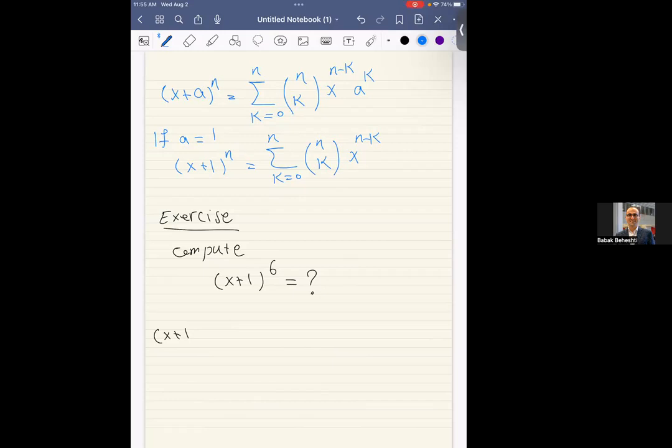So (x + 1)^6. Now let's do that. Look at that formula on the top. I'm going to tell you how we can use this formula. First of all, here n equals 6, right?